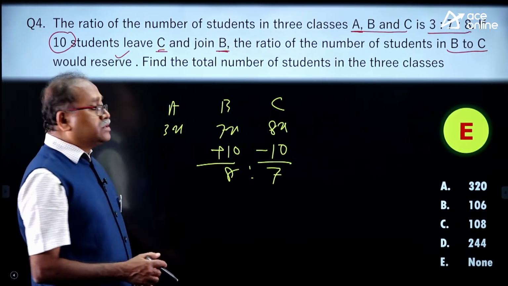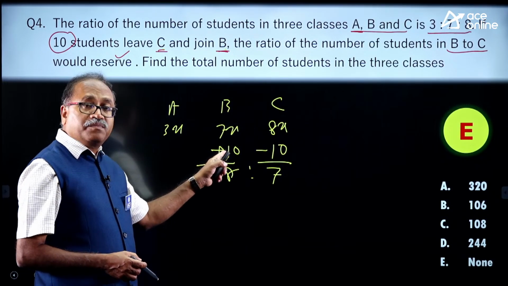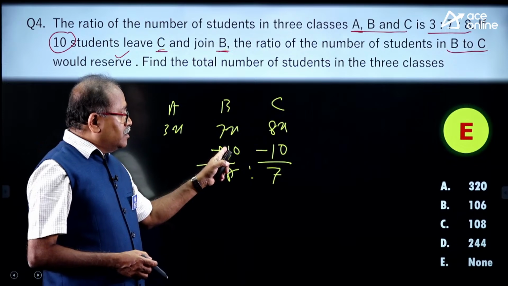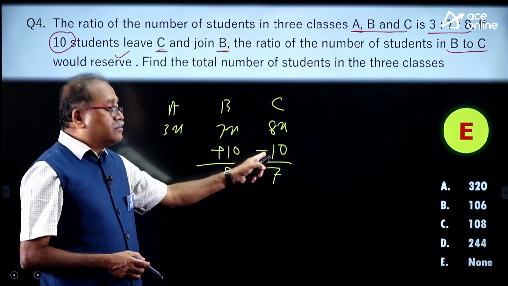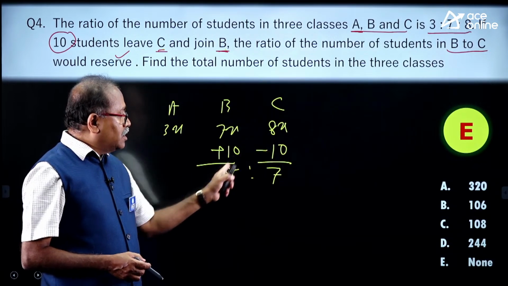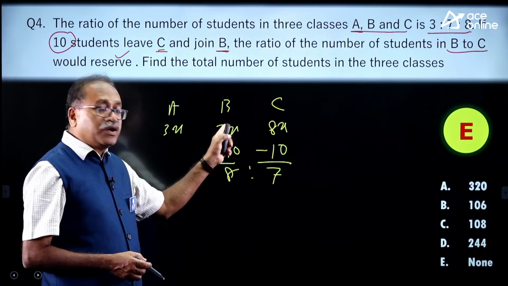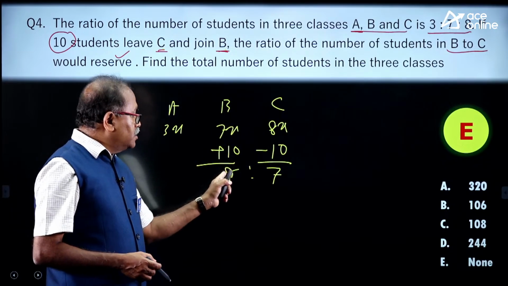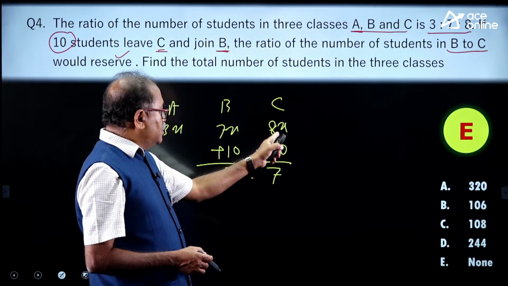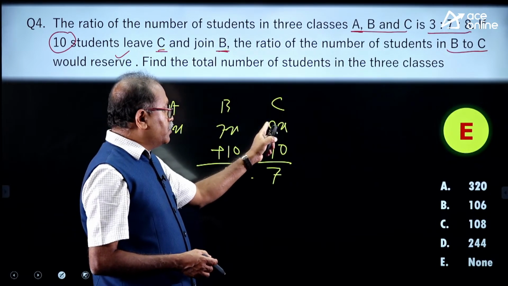Okay, how to answer this question? I already know that (7x plus 10) by (8x minus 10) is equal to 8 by 7. So cross multiply: 7 times 7 is 49, and here 8 times 8 is 64. What is the difference between 49 and 64?